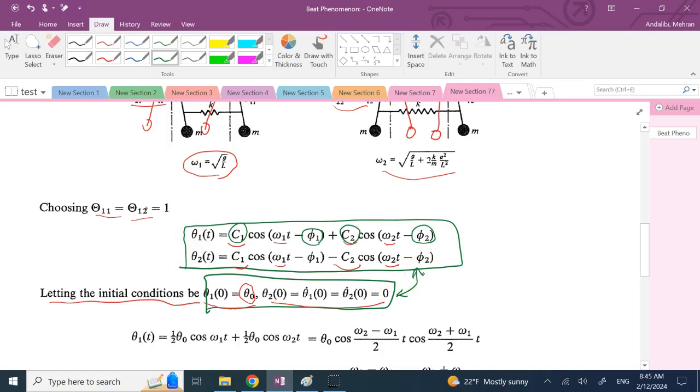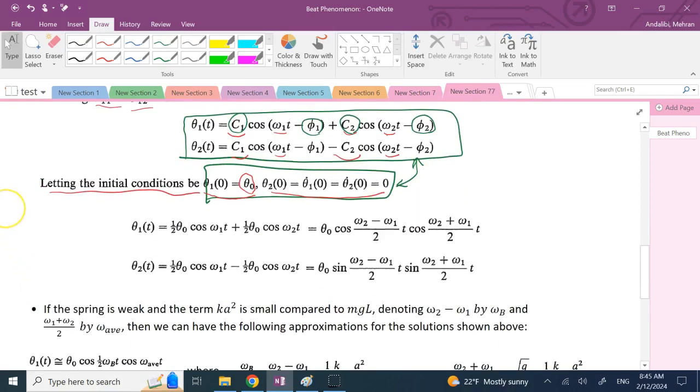Now here we do a little bit of trigonometry. If you look here, I have the formula cosine A and cosine B, and you can combine them together. But first, before I combine, I want to determine C1, C2, phi 1 and phi 2 using these initial conditions.